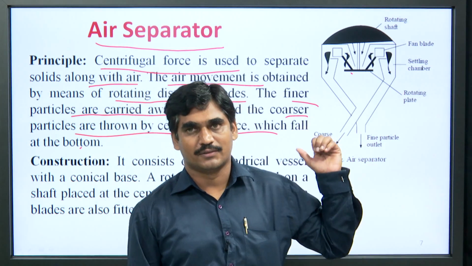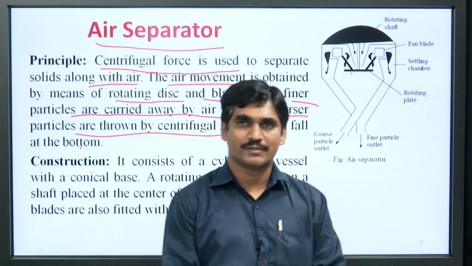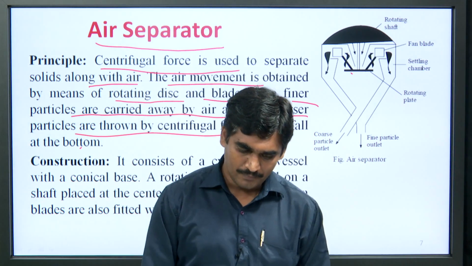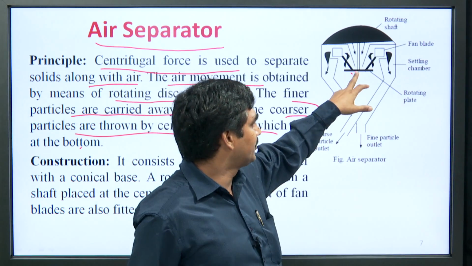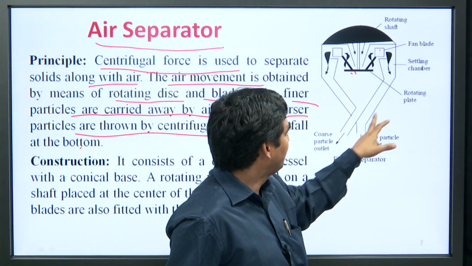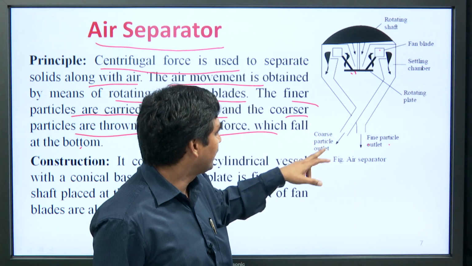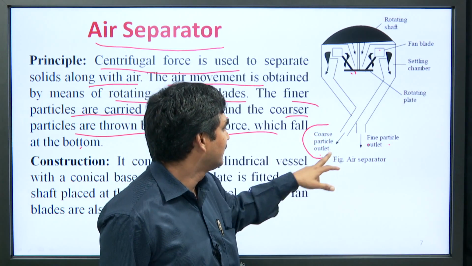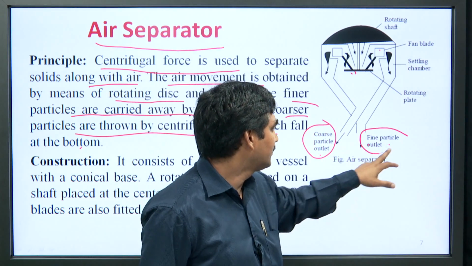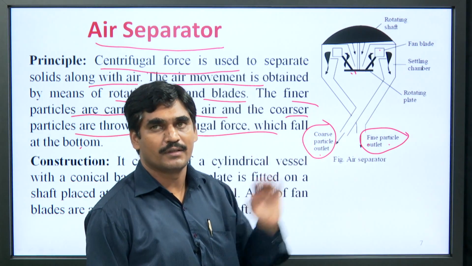Construction, as you are seeing in the diagram: it is a cylindrical vessel type apparatus with a conical base. A rotating plate is fitted, fan blades are there, and there are separate outlets for fine particles and for coarser particles, two different outlets.